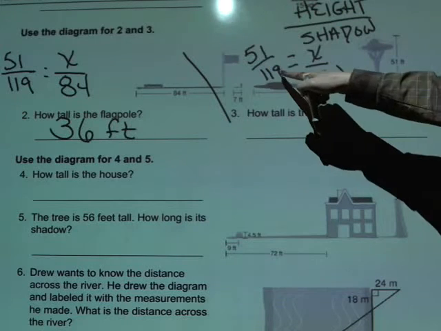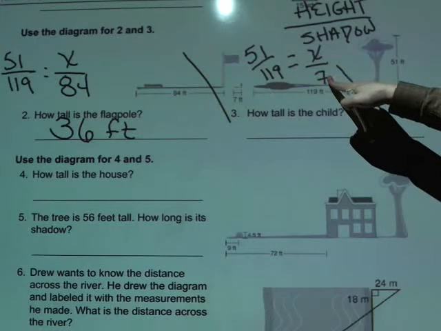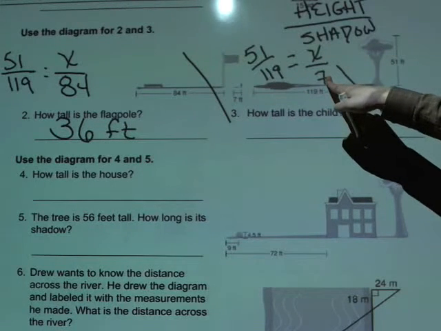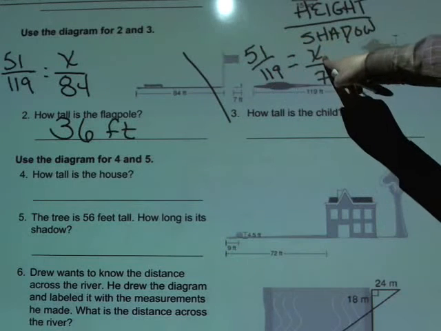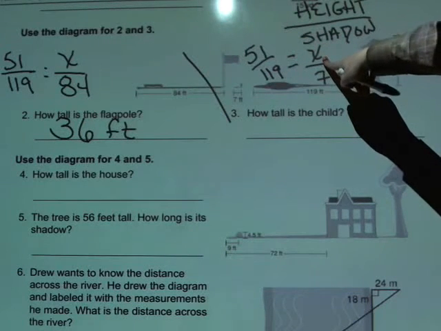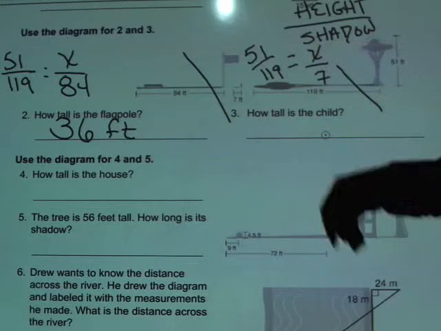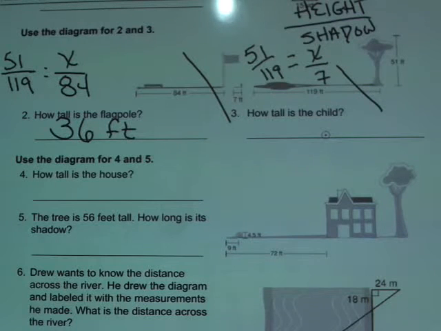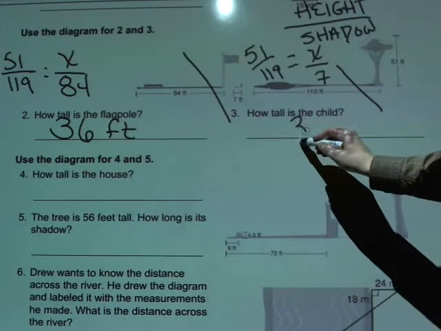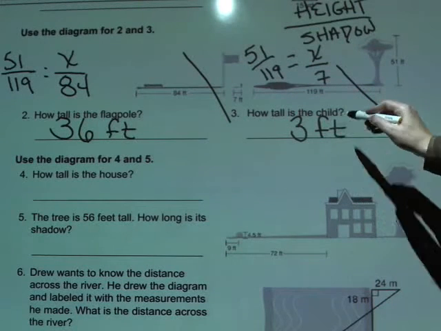To go from 119 to 7, you're dividing by 17 here. So the same division is going to have to work in the numerators here. So if I take 51 and divide it by 17, the result there is going to be 3. So the child is 3 feet tall.